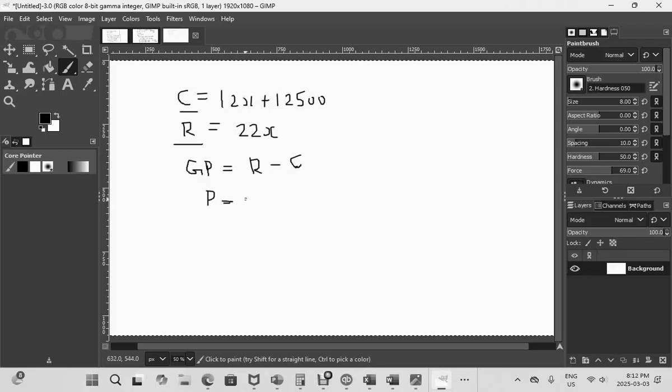So when we sub in the values for C and R, for cost and revenue, we get 22x minus the bracket 12x plus 12,500.